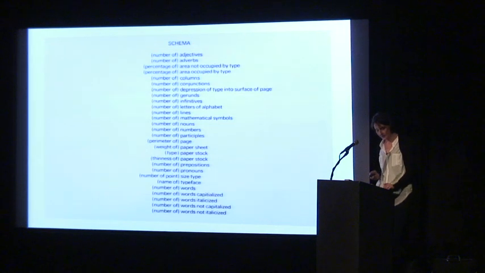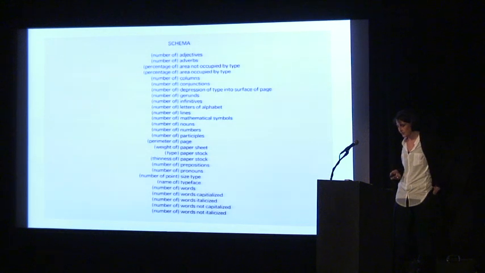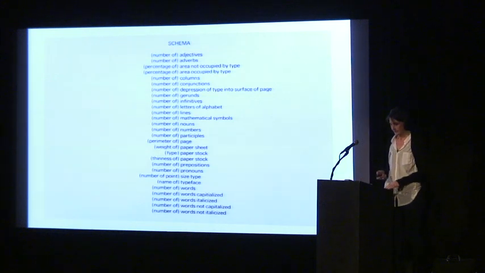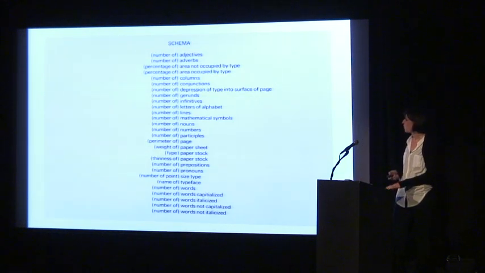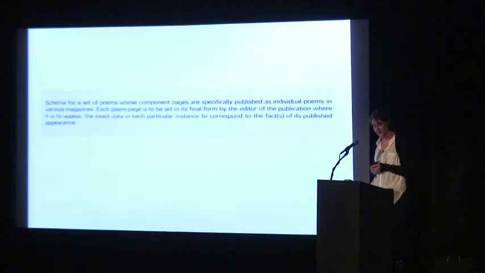The piece begins with a set of questions titled Schema, about the editorial and design specification of the poem's host publication. And an instruction from Graham that the list of questions is to be set in its final form by the editor of the publication where it is to appear.